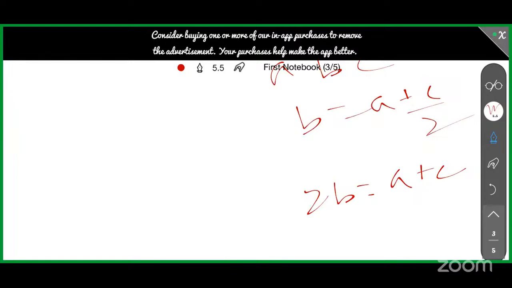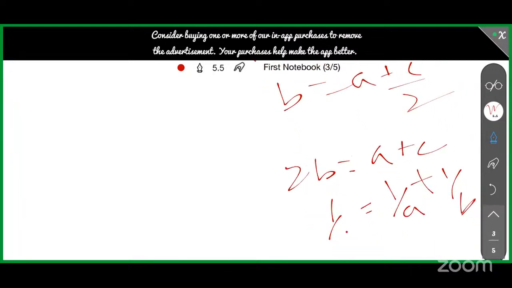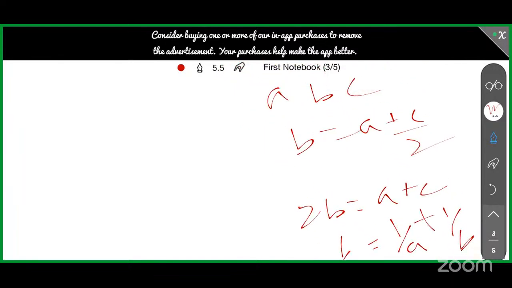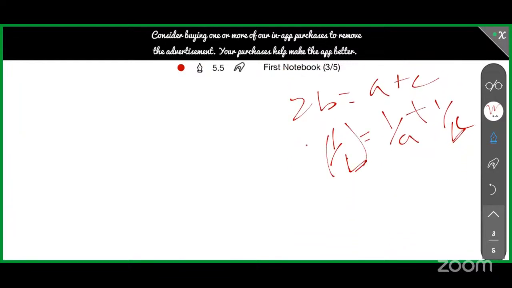What is my A value? My A value is 1 by A. My C value is 1 by C. Therefore, the B value is 1 by B, into 2. It becomes 2 by B is equal to 1 by A plus 1 by C.